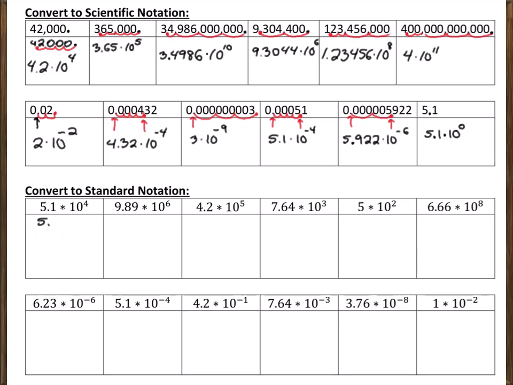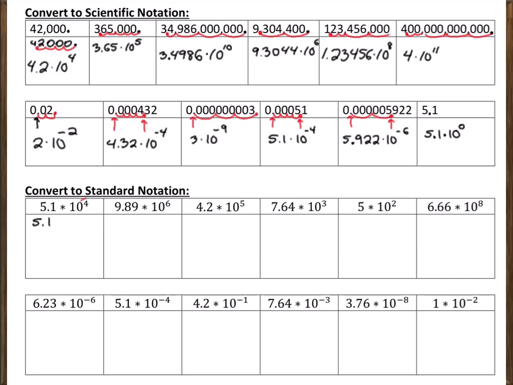What do you think? Well, I think we can agree that if I move my decimal point to the left, that would give me, for example, 0.51 or 0.051, depending on how many times I move it, and that is making it smaller rather than larger. So since we know we need a number that's larger than 1, that means we must be moving the decimal point to the right.